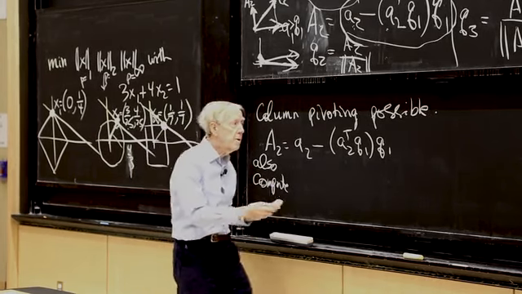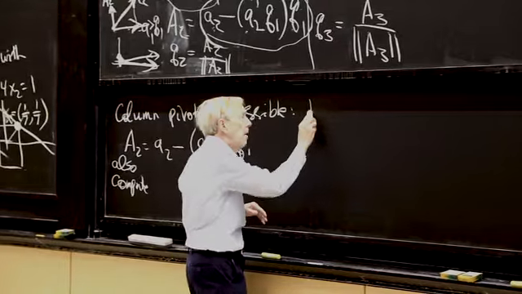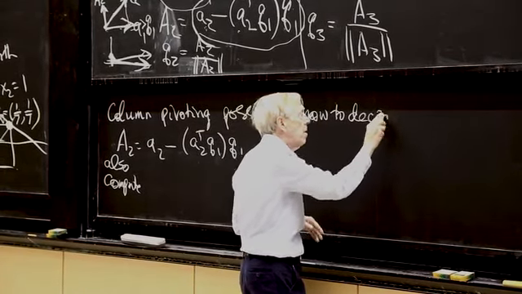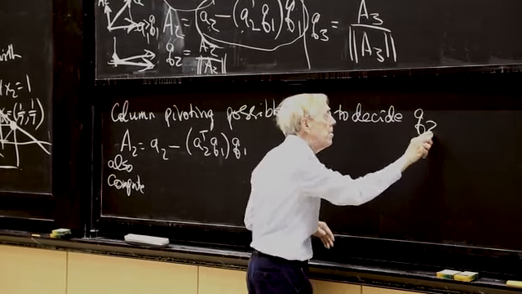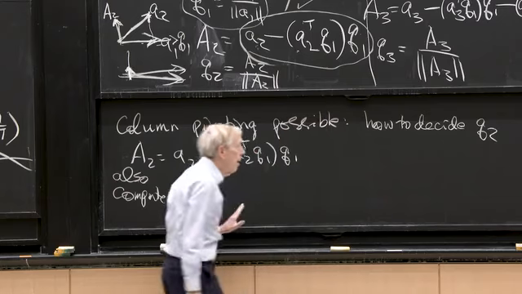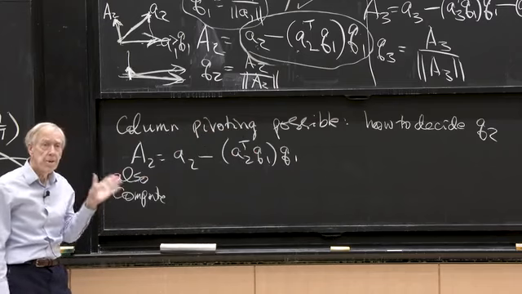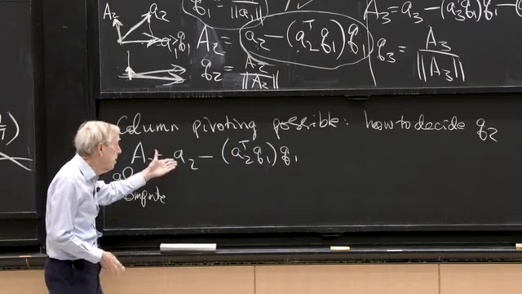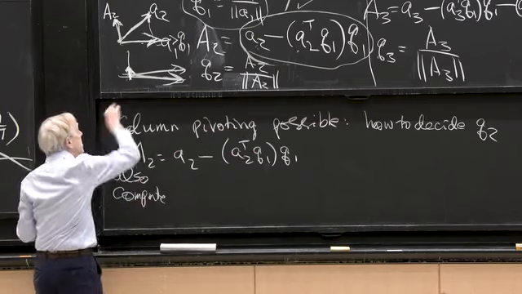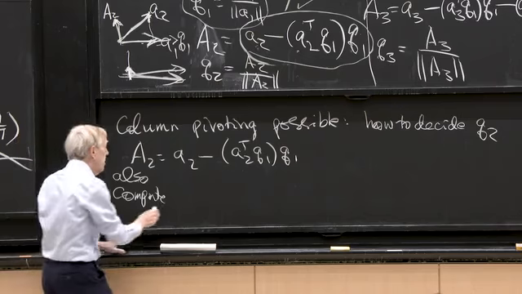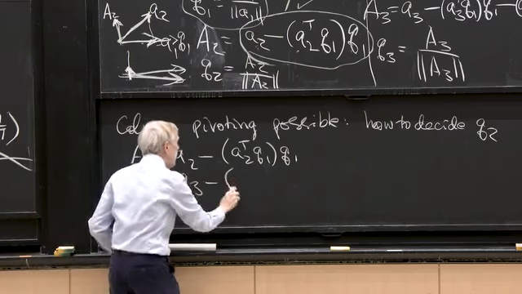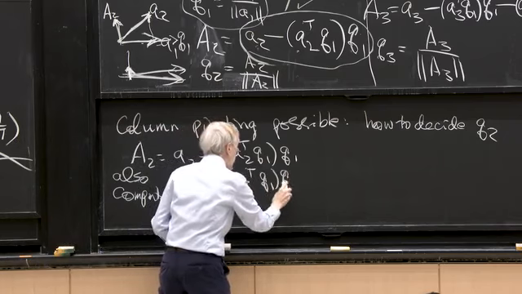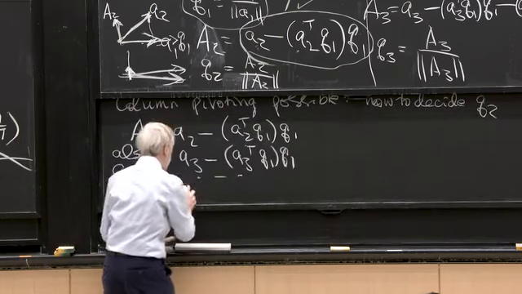Now I'm describing how to decide Q2, the second vector. The way to decide Q2 is not only to take the piece of A2, but also the piece of A3. Look at this piece, and look at all the other pieces.